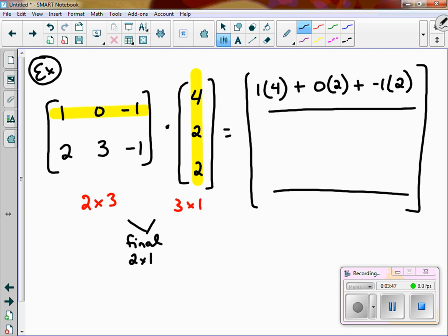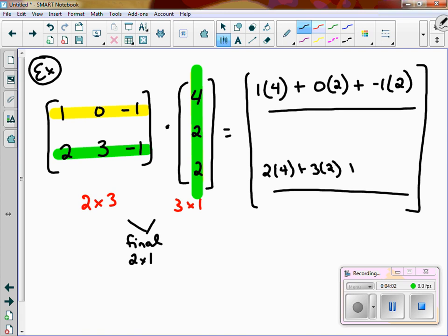So now I'm going to do the other one. I have row 2 times column 1. So I have 2 times 4 plus 3 times 2 plus -1 times 2. So something to notice here. If you notice in my matrix on the right, all of the outside numbers, so the 1, 0, -1, I always stick those as my outside numbers with my row.